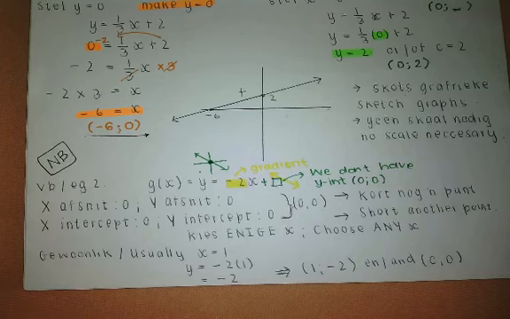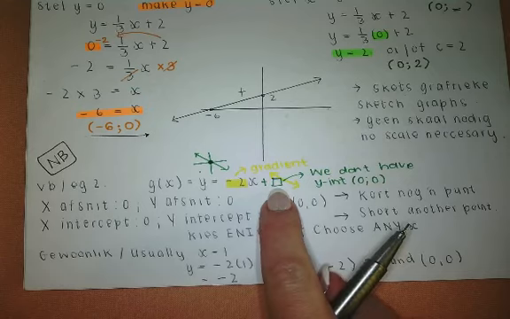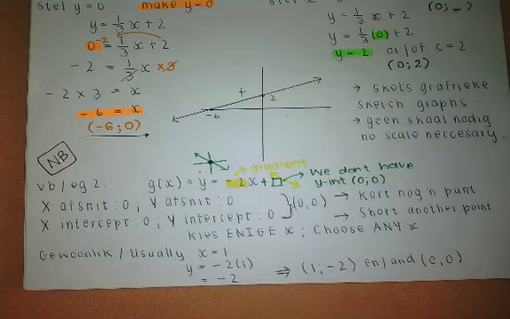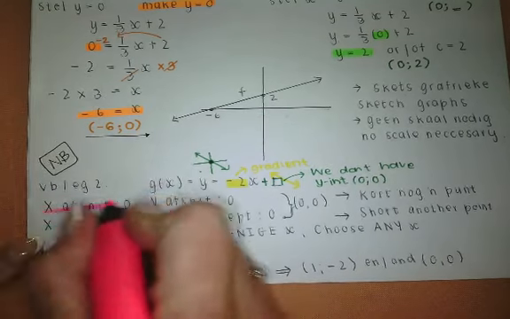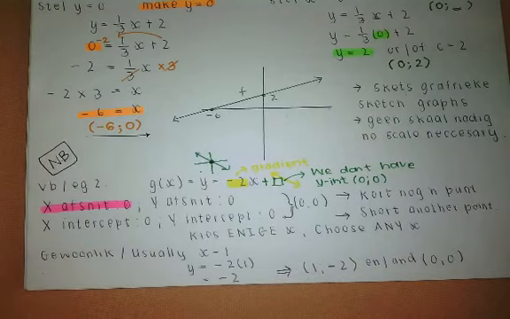But I told you it's vitally important for us to have at least 2 coordinates in order to sketch. Now we've got a problem. We don't have a point. For our x-intercept, we can go find it by making y equal to 0.